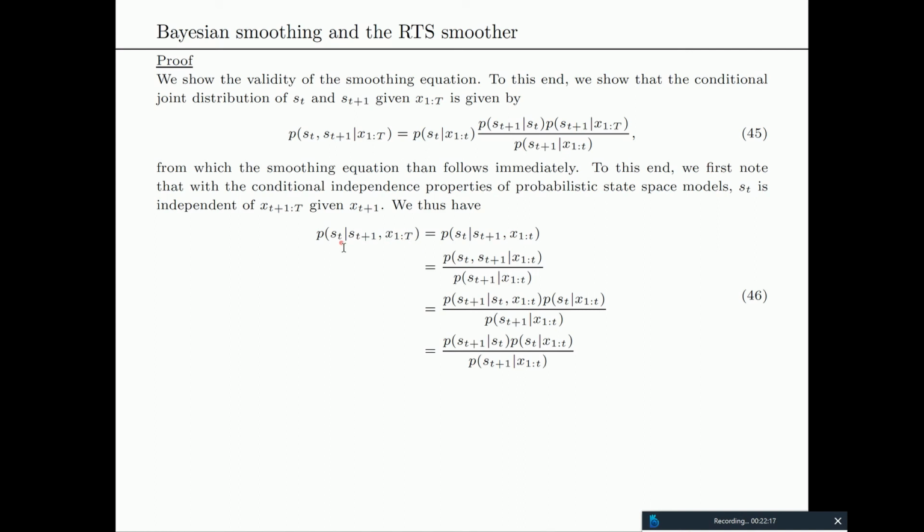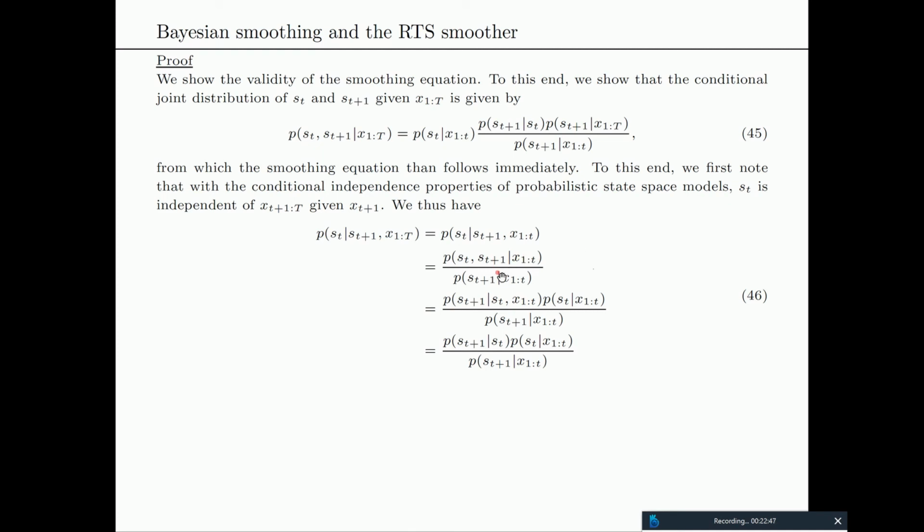So the first thing is that p of s_t given s_{t+1} and x_1 to big T is the same as p of s_t given s_{t+1} and x_1 to t, because given s_{t+1}, so this is going backwards in time, s_t is independent of observations after small t, which is where I'm starting from, and which one could essentially also prove.